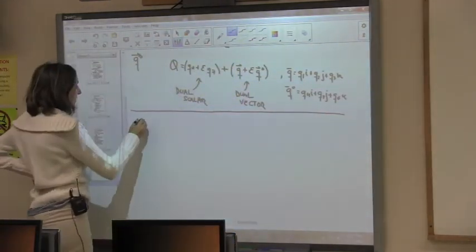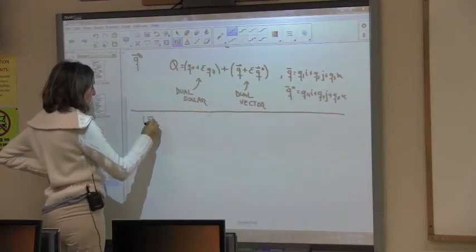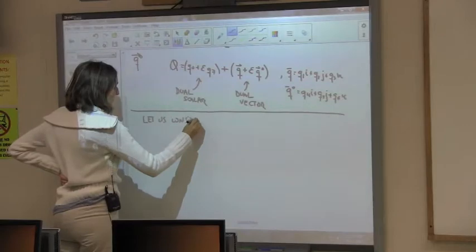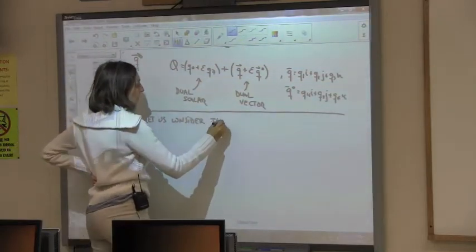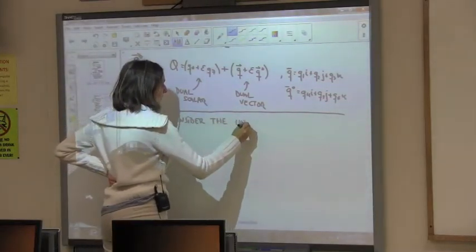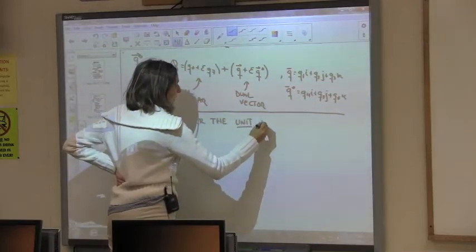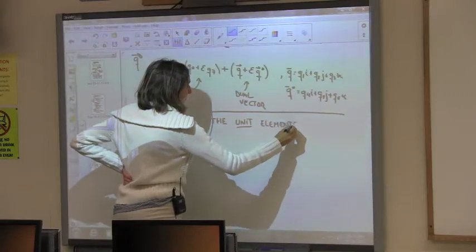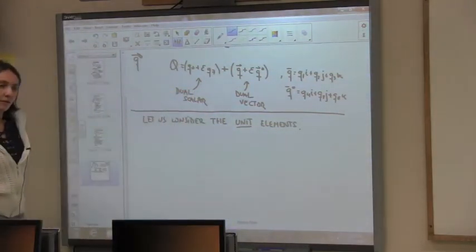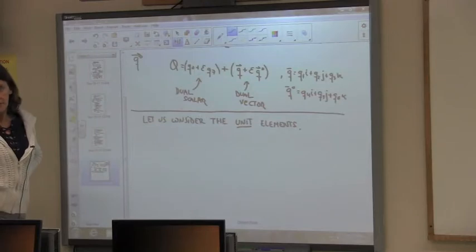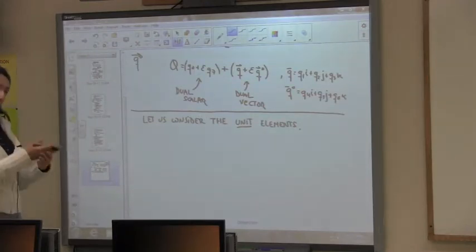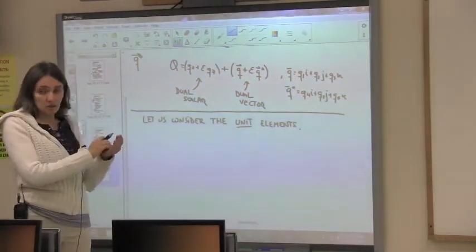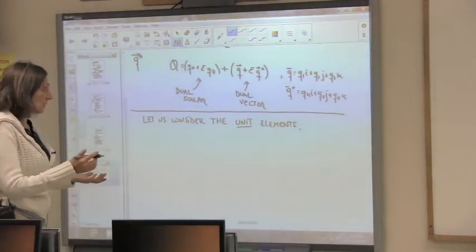Now we are going to consider the unit elements. Unit elements are those that have length equal to 1, and if you remember the quaternions, in order to obtain the length we do element times its conjugate, right?